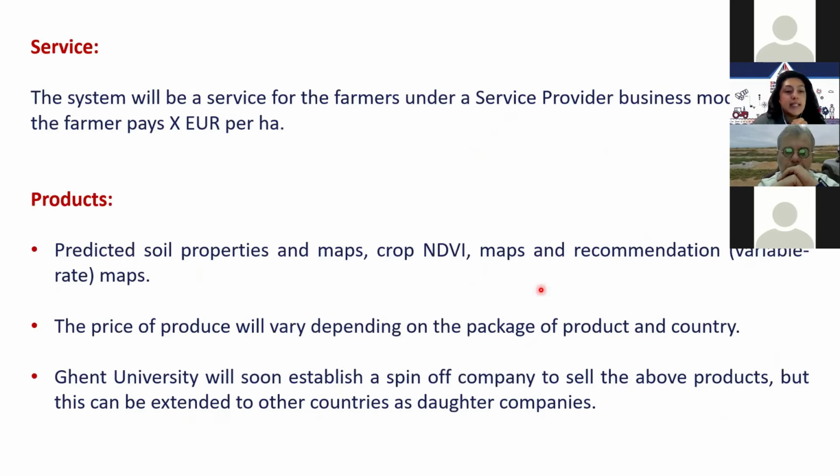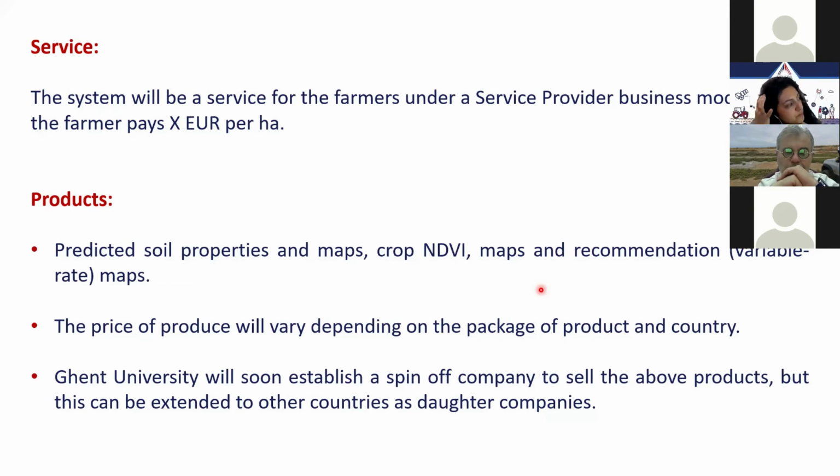Great. What is the service itself? The service is a system for farmers or advisors under a service provider business model, where the farmer pays some euros per hectare. The products are the predicted soil properties and maps, crop NDVI, maps of management zones, and the recommendation or variable rate maps.